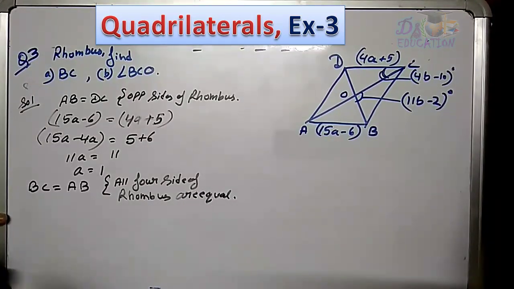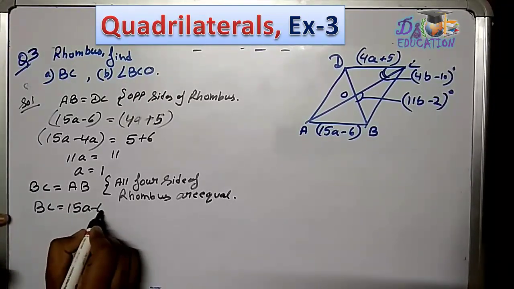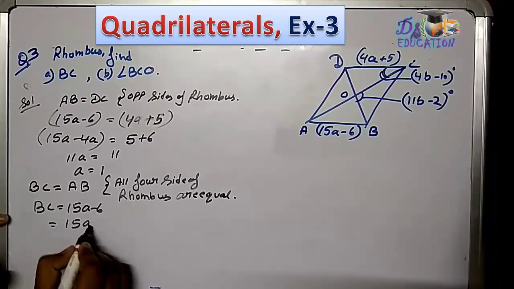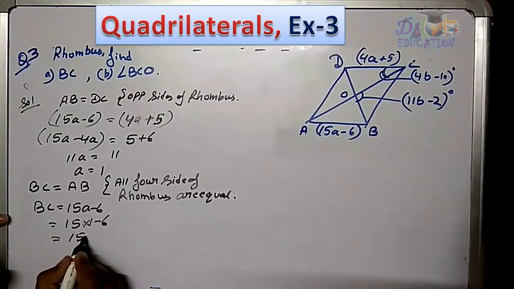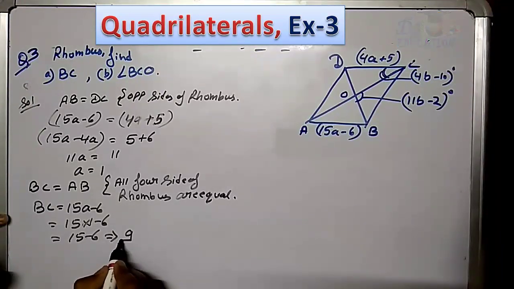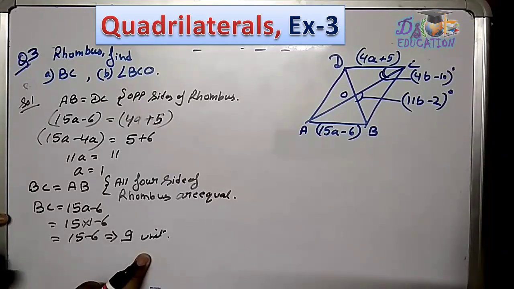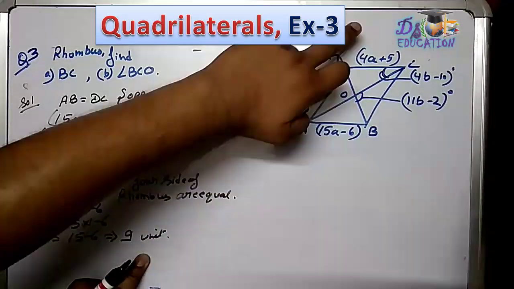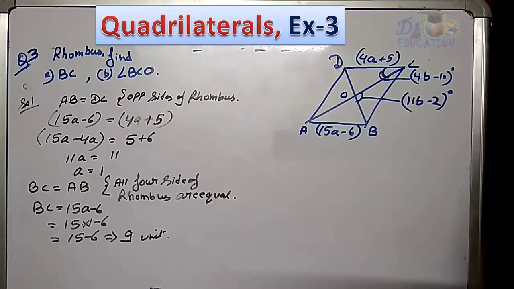That is BC is equal to 15a minus 6, which is 15 into 1 minus 6, that is 15 minus 6 is equal to 9. Now it is 9 unit. I cannot write any specific unit because there is no unit given, they have given it in the form of variable expressions. So I will just write unit because it is a length, and length has some unit.